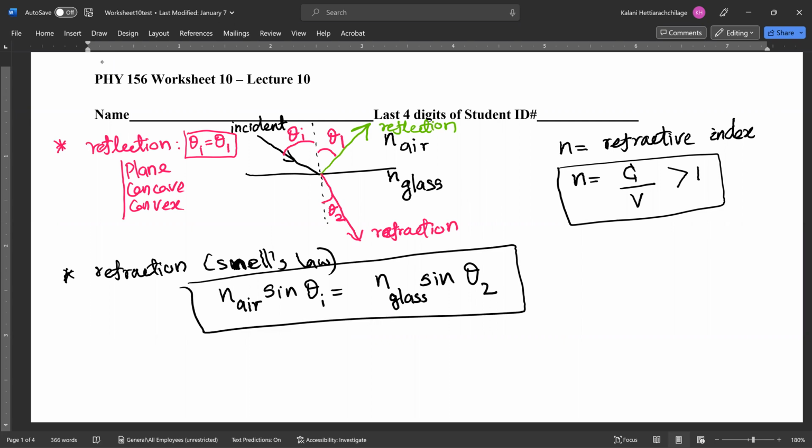Now this law, we use it for lenses, right? We use it for converging lenses and also diverging lenses.